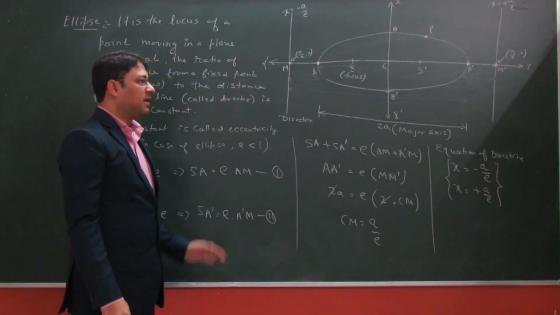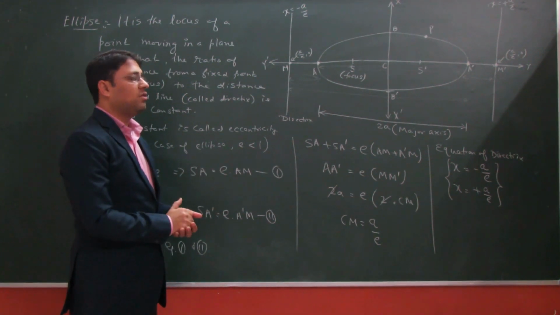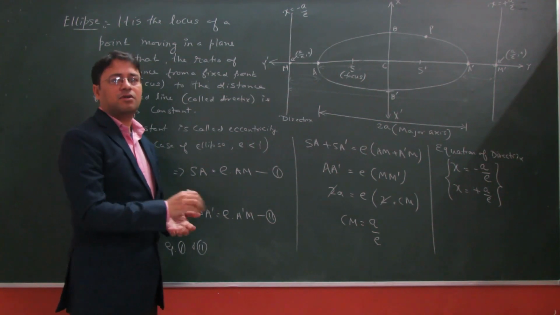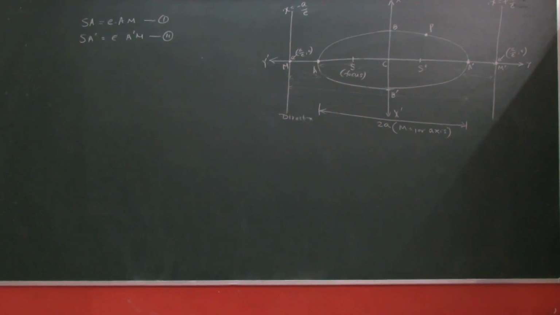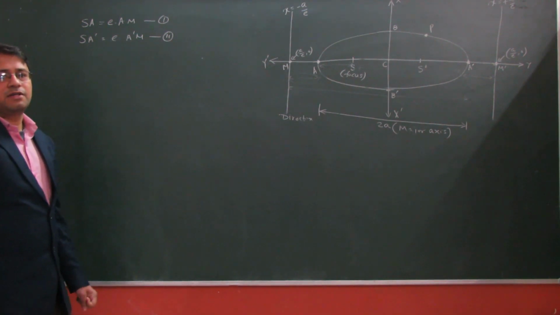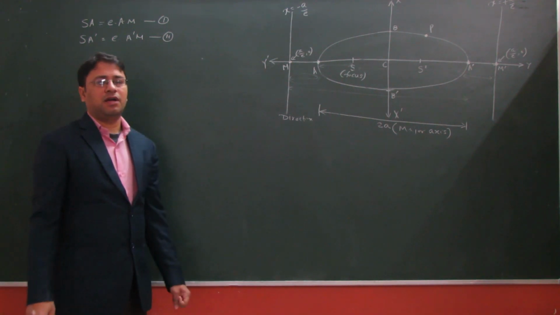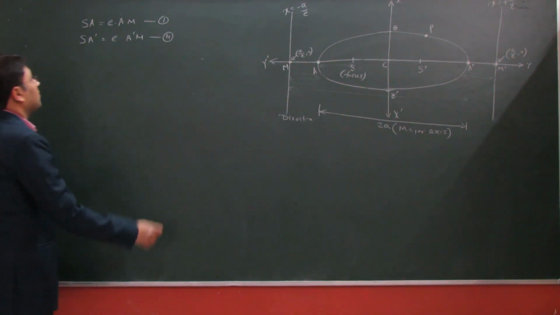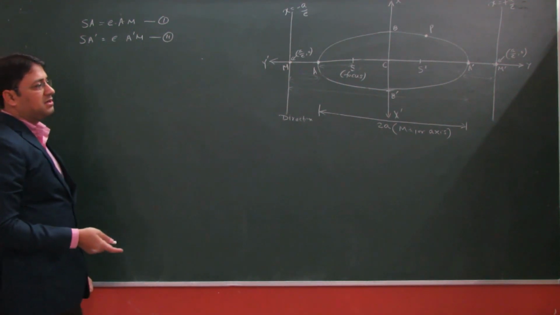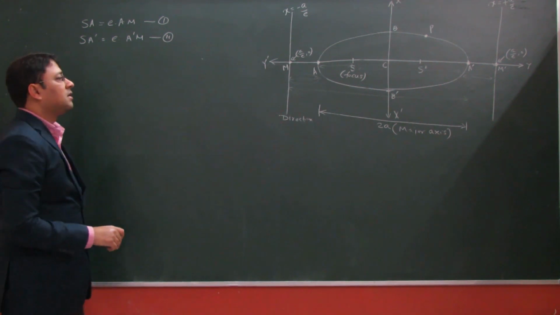Okay, so now let us find the coordinates of the focus of the ellipse. To calculate the coordinates of the foci, that is points S and S dash, we are going to again utilize the first two equations that we have written earlier.